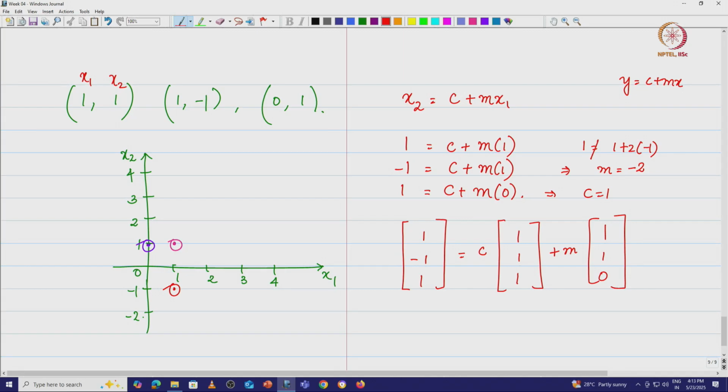This simply means that in 3 dimensional space, because these are 3 component vectors, we have our vector space equal to R3.